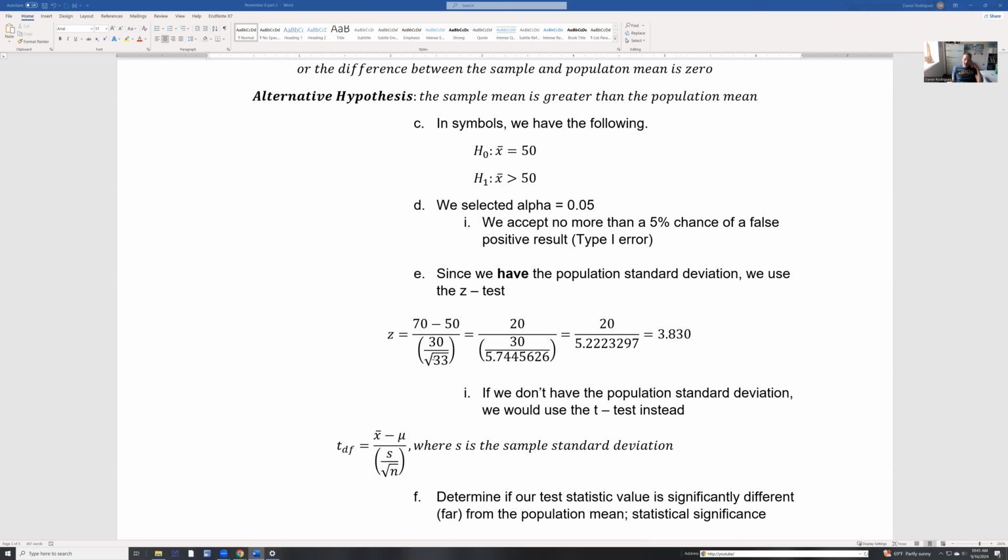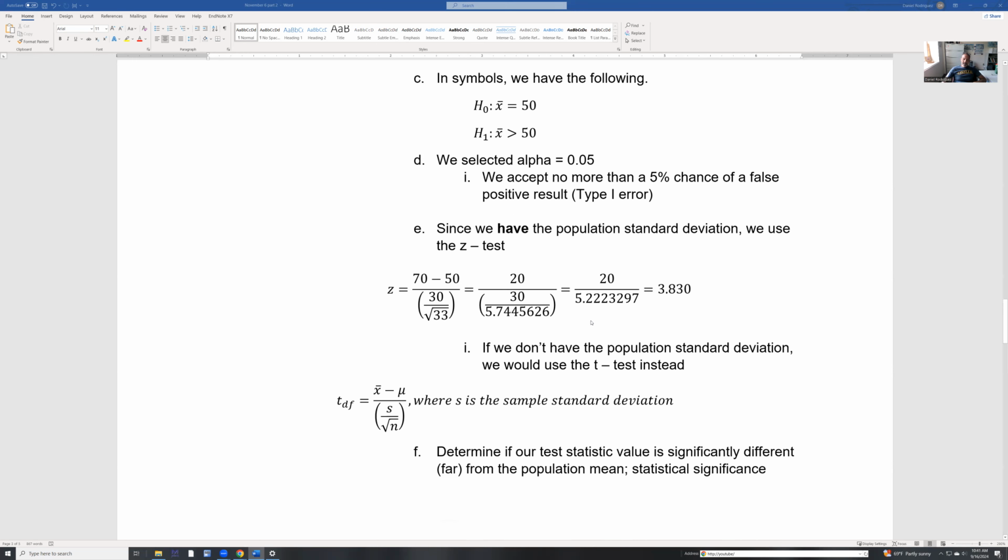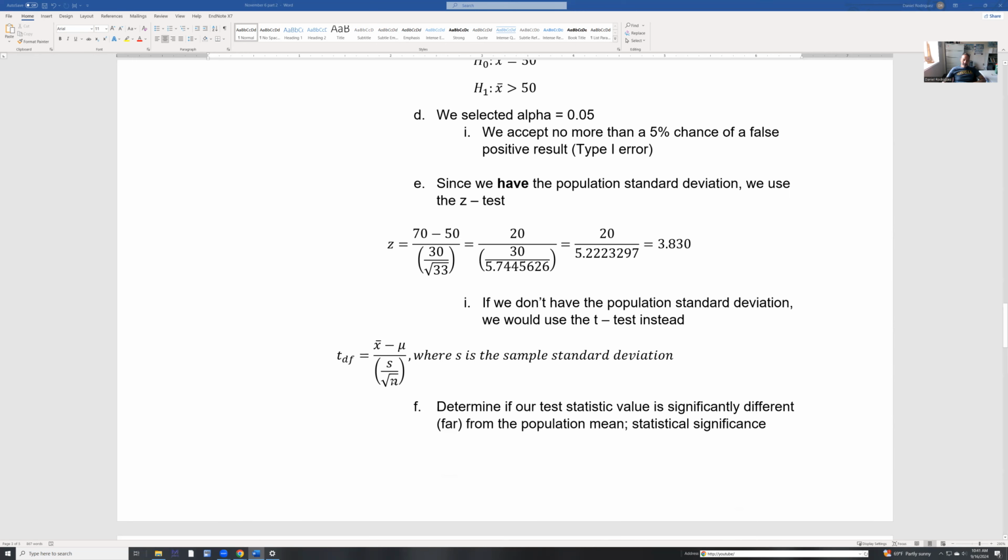The smaller this quotient, the larger the z-value. The larger the z-value, you'll see, the more likely you are to reject the false null hypothesis. So we get 3.830. If we didn't have the population standard deviation, we use the sample standard deviation, which, as you know, is an unbiased estimate of the population standard deviation.